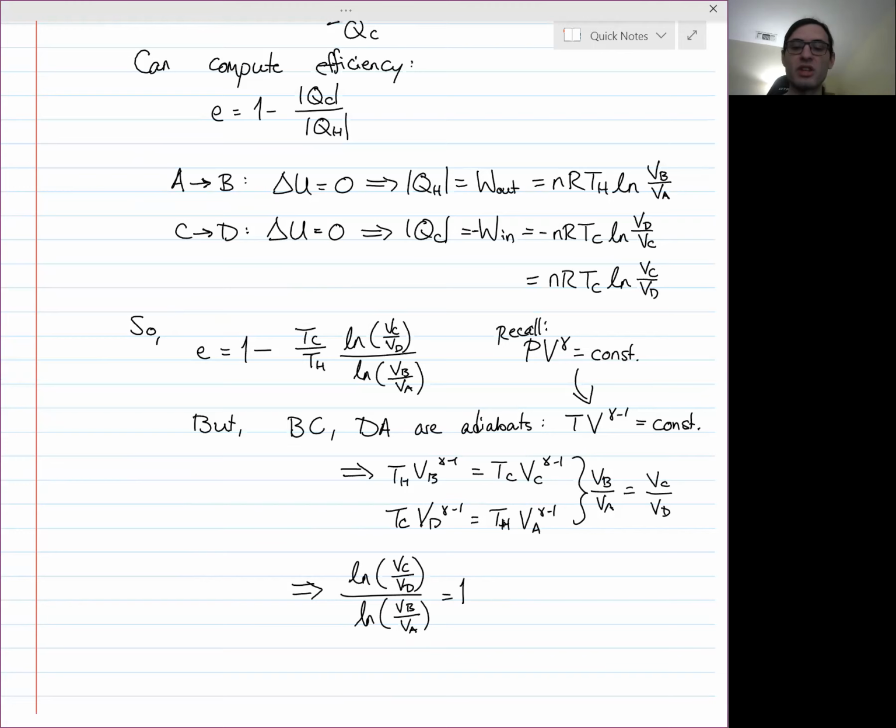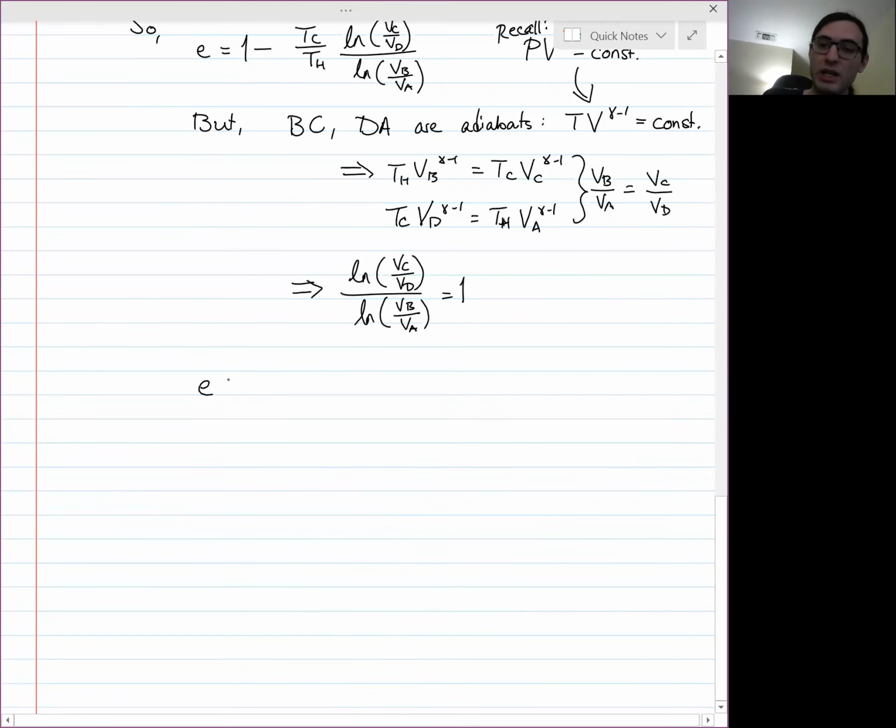So the end result for the Carnot cycle is that E, the efficiency, is 1 minus TC over TH.